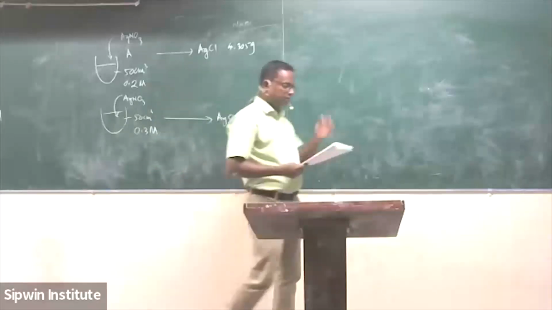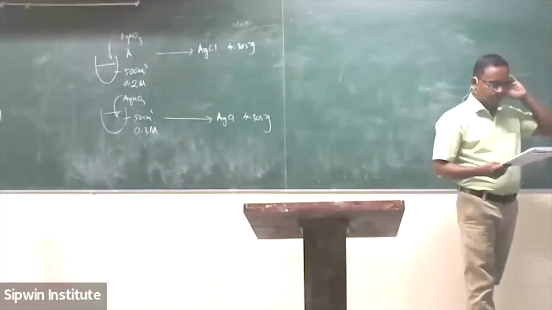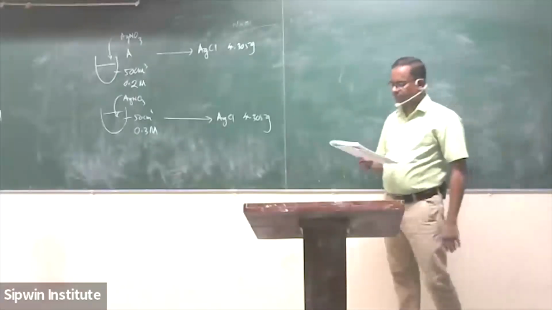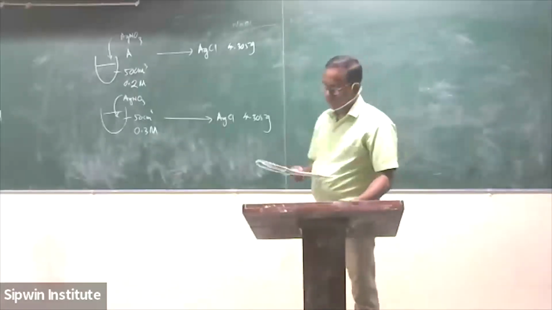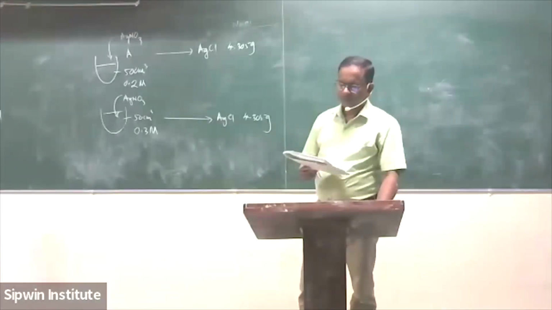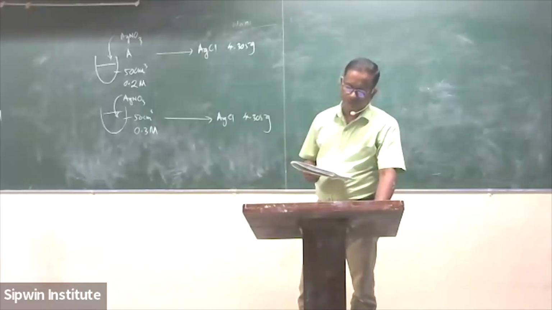First part: write the electronic configuration of titanium in A and B. Scandium, titanium. Titanium 3 plus here, TiCl3. 1s2, 2s2, 3s2, 3p6, 3d1.